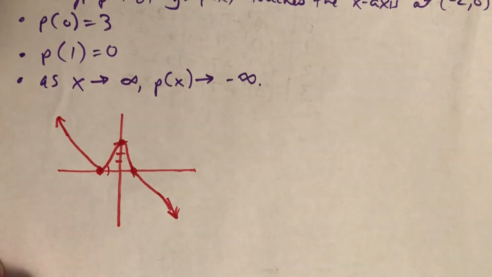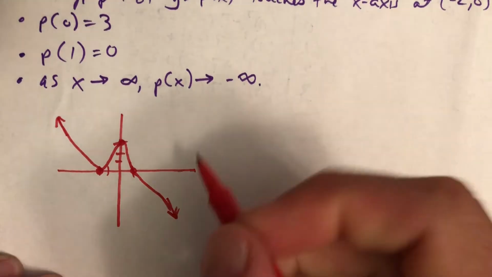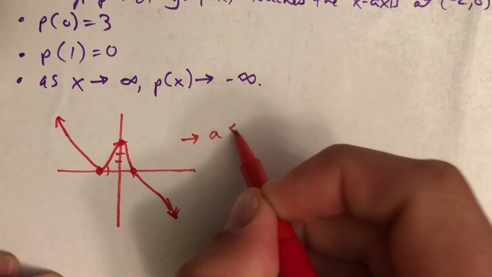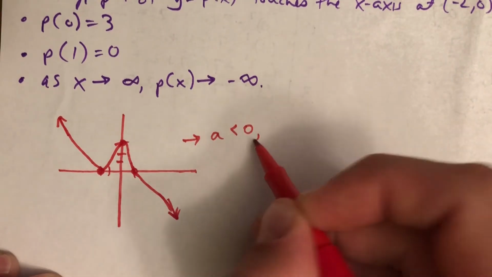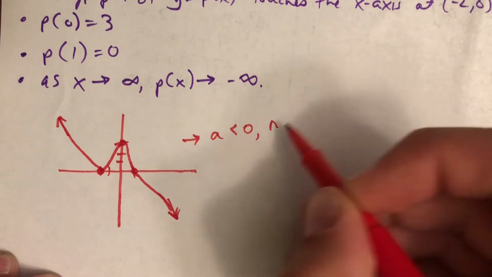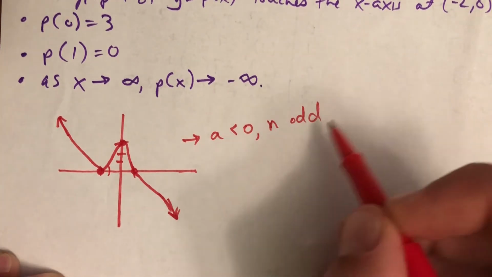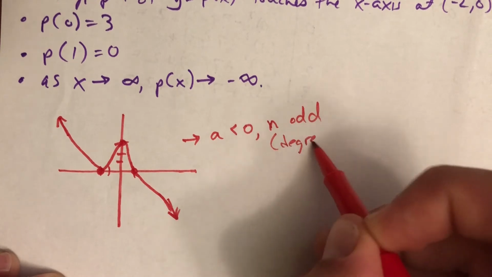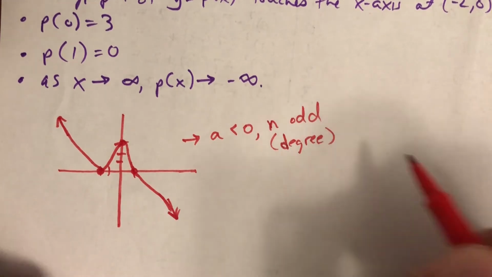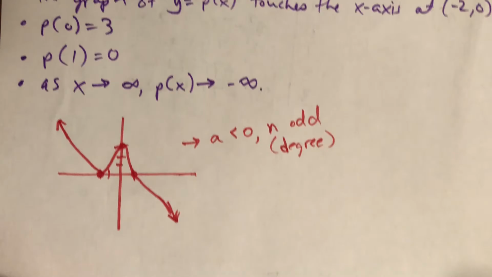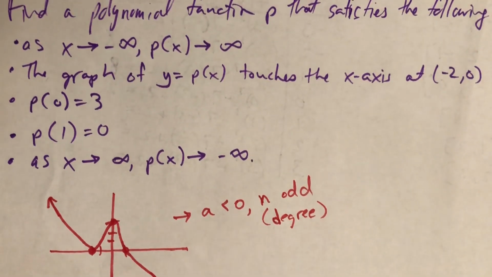So from that, we can write here, we need a less than 0, and we also need n odd. n is our degree, by the way. So we need an odd degree polynomial, and we need our leading coefficient to be negative. Okay, well that's good.